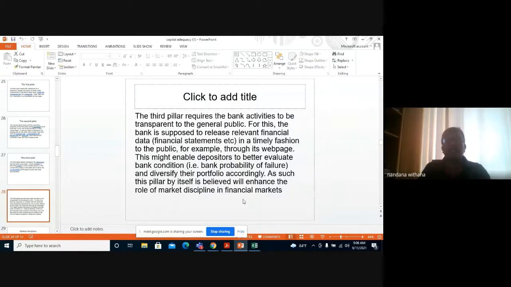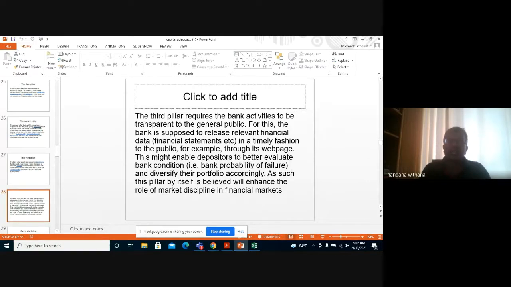Now, the third pillar is on discipline matters. The third pillar requires the bank's activities to be transparent to the general public. Now, initially, for a lot of finance companies, financial statements were not available to the general public. Today, almost all the finance companies are listed companies. Meaning, when you are a listed company, your shareholders will see your financials.